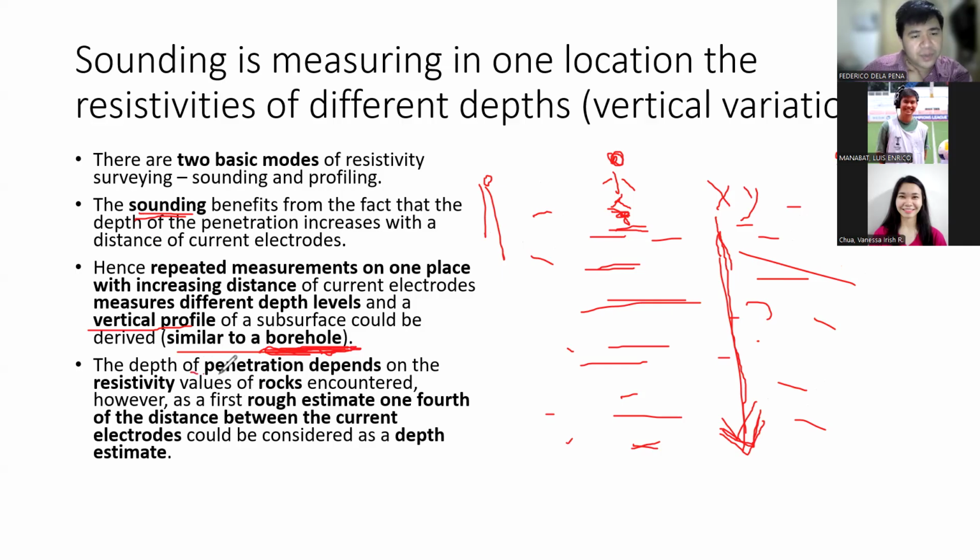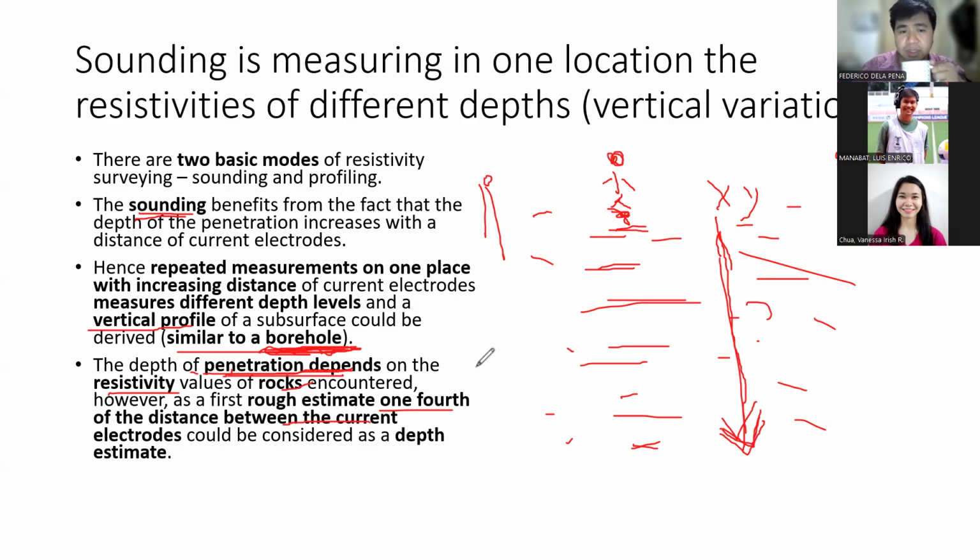Right? The depth of penetration of resistivity, again, I think this is a bit in contrary with the earlier discussion. But anyway, the depth of penetration of resistivity of rocks encountered is usually about 1/4 of the distance between the current electrodes.